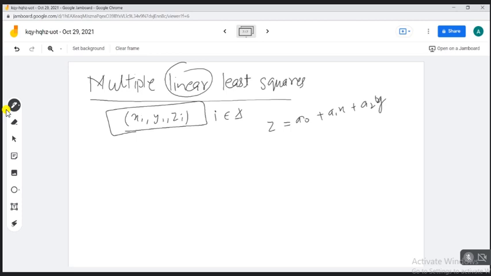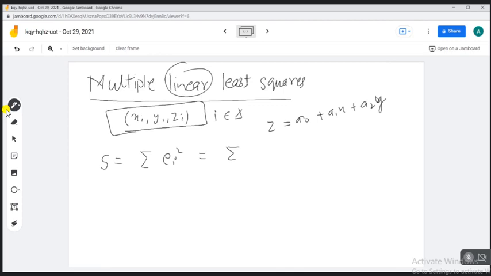So we'll apply the same procedure which we did in the previous slides. We considered a function S, and what was S? S was just the sum of the squares of the errors, and we are going to minimize it.